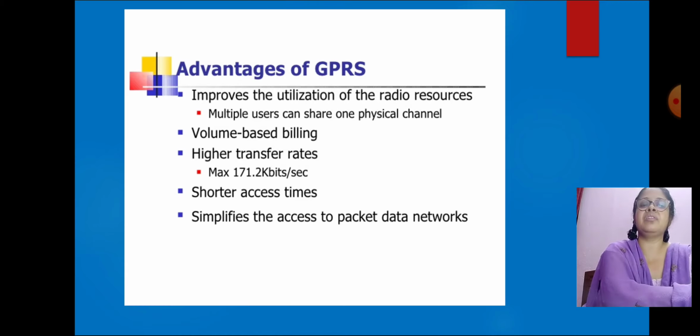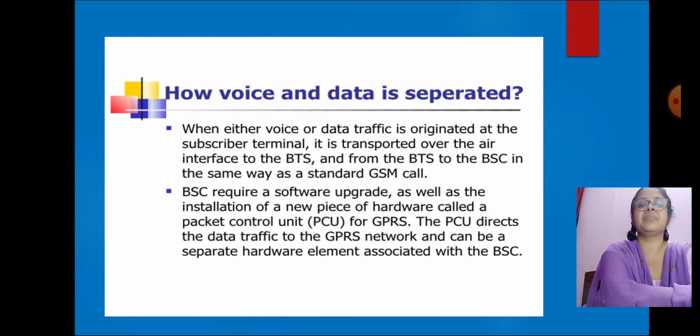Higher transfer rate, maximum 171.2 kilobits per second. Shorter access time, meaning it is very fast. It simplifies the access to packet data networks. Generally, the network which it adopts is packet data, and it simplifies the access.